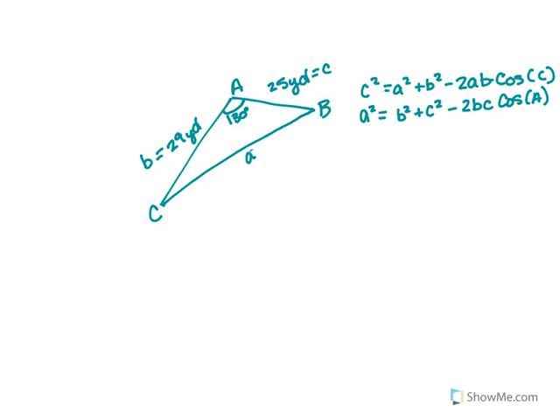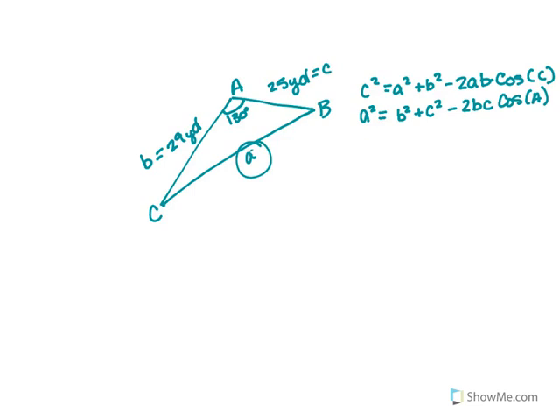So there's technically 3 equations for the law of cosines, but you just have to pay attention to what it's asking you for and what those things in that equation mean. So that C is just asking you which side do you want to know, and do you have the angle across from it and the two sides attached to that angle?